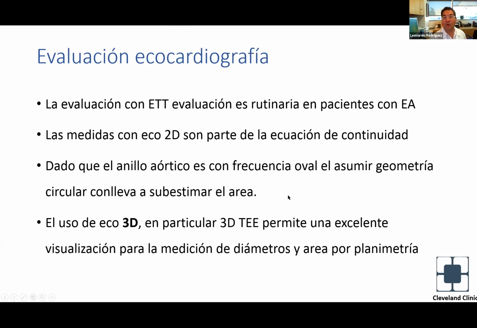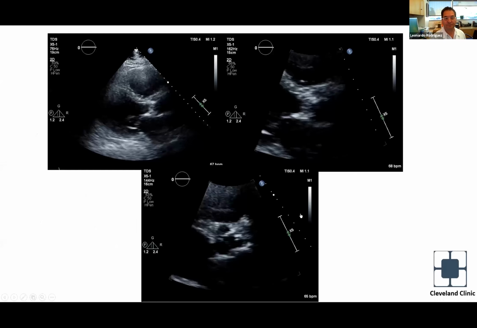Siempre se sigue asumiendo que es circular, aunque en muchos casos no lo es, y esto lleva a cierto error en el cálculo del área valvular, pero sigue siendo el procedimiento o la medida establecida para eso. Y si tenemos eco tridimensional, obviamente debería ser aplicado porque ofrece la posibilidad de ver el anillo no solamente en una dimensión, sino en varias dimensiones, y es de bastante utilidad en la mayoría de los casos.